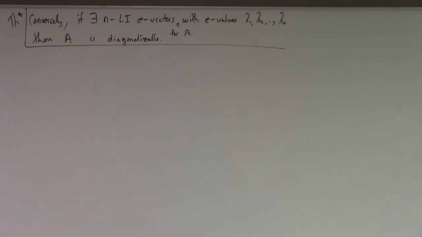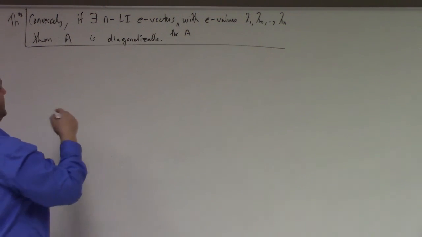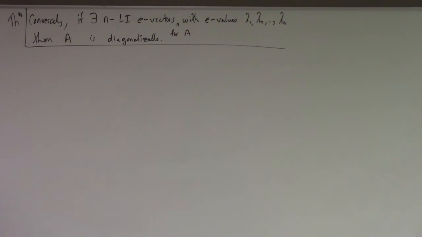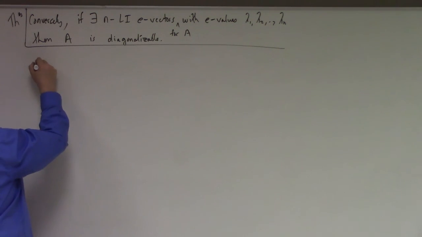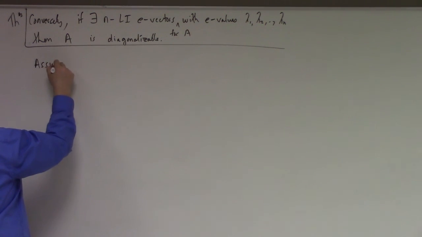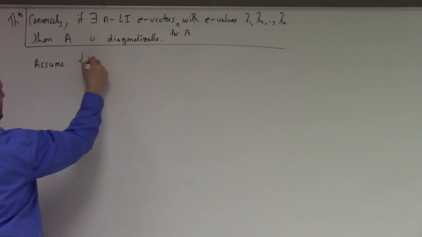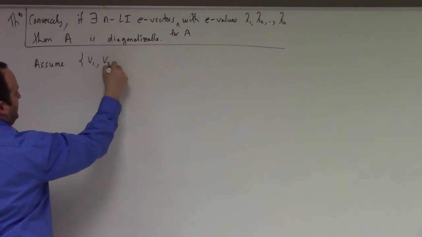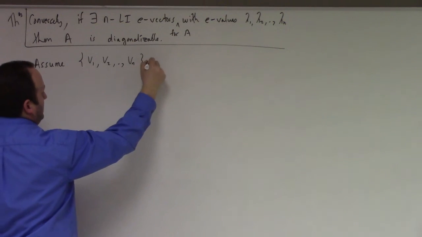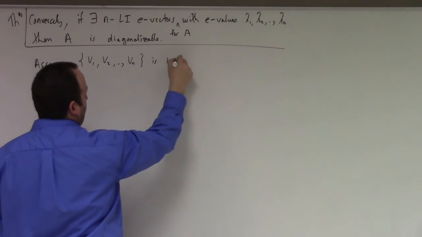All right, let's try this one. So what does it mean to have linearly independent eigenvectors? It means, so assume that the set v1, v2, vn is linearly independent.